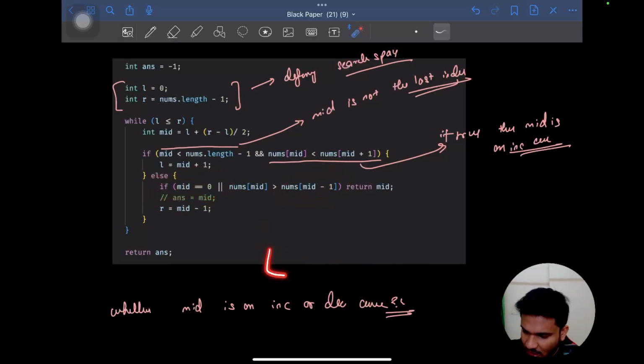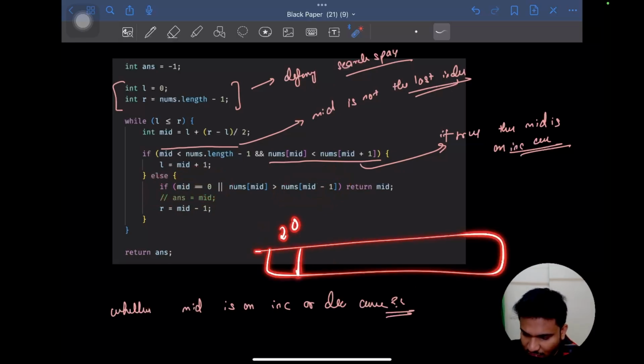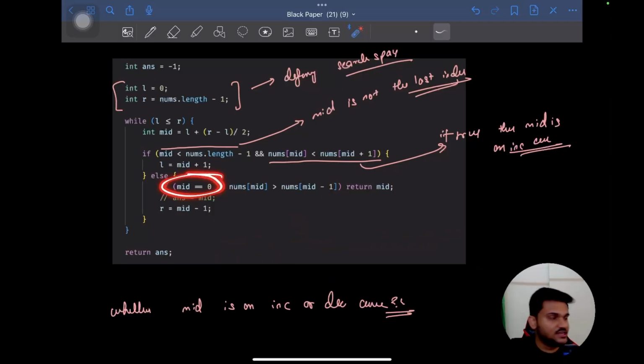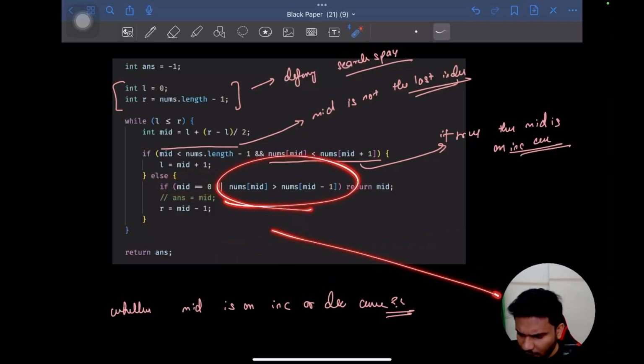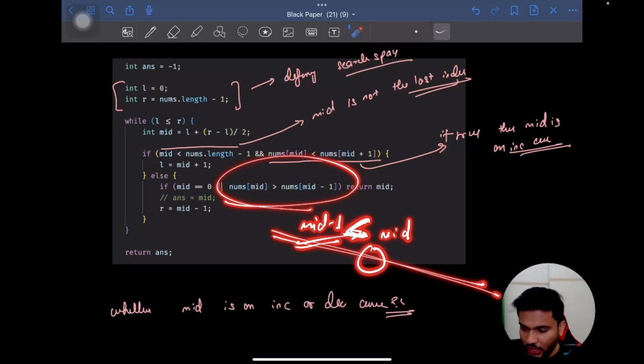Because if you are the 0th index of the array, then you do not have 0 minus 1. So you check if you are the 0th index or you are on a decreasing curve, that means mid is greater than mid minus 1. Then you are on a decreasing curve.